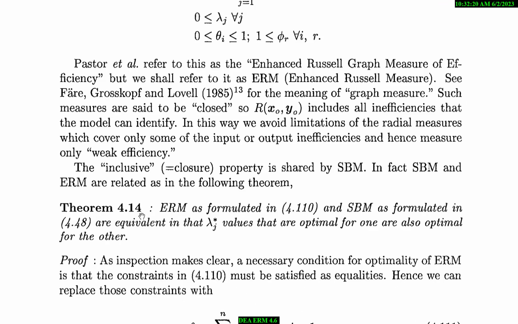Theorem 4.14 says ERM as formulated before and SBM as formulated in 4.48 are equivalent, meaning the lambda j star values that are optimal for one are also optimal for the other. Of course, their objective function, as the efficiency value, is the same.